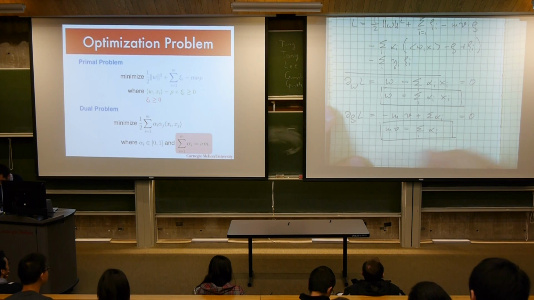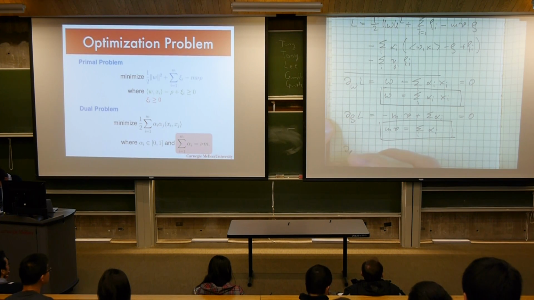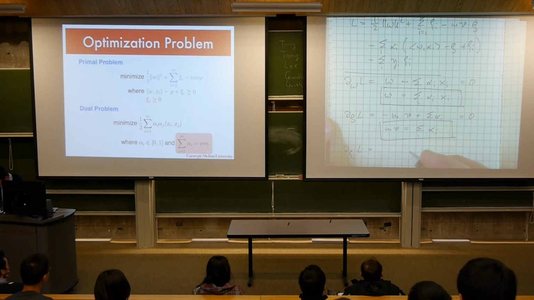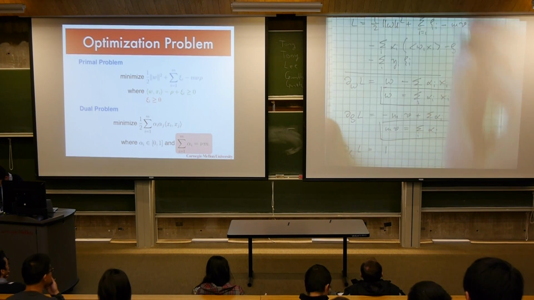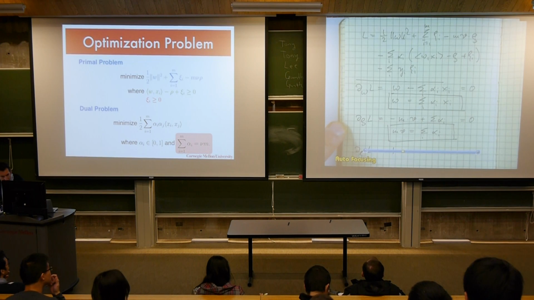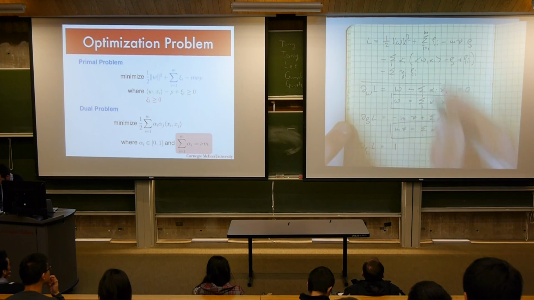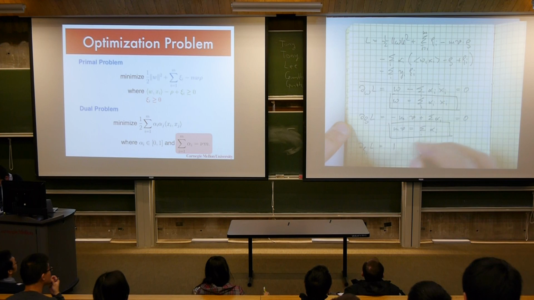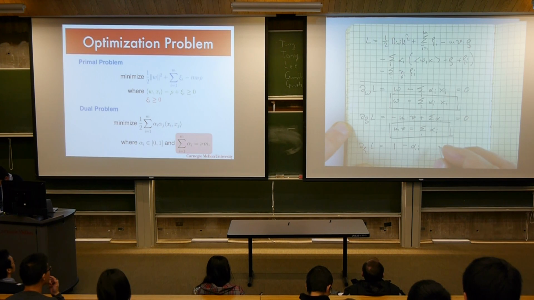And then we also have the derivative with respect to psi i of L, which is, well, 1. That's the guy up here. And then we get minus alpha i minus eta i equals 0.